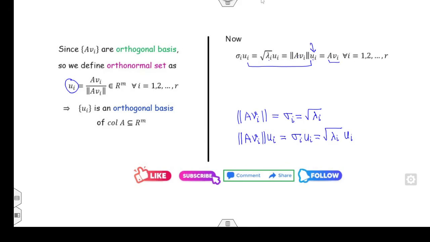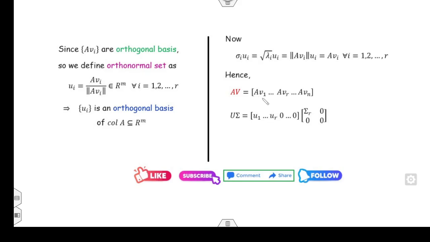Or in the matrix form, what is A into V? Because V has column vectors v1, v2, and so on, you will get A of v1, A of v2, A of vn. And U into sigma is u1 up to ur, where r is the rank of the matrix. If you multiply them, what will happen?